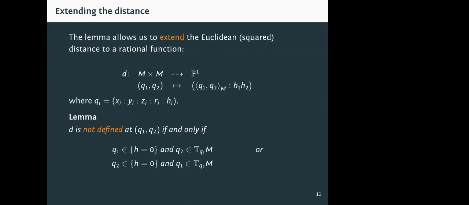And then the second point should lie on the tangent space of the first point along this quadric. So this is what is called the embedded projective tangent plane of the quadric at the point Q1, for example. Or you can have the completely symmetric condition. Okay, so if a pair does not satisfy these two conditions, the function d is defined.